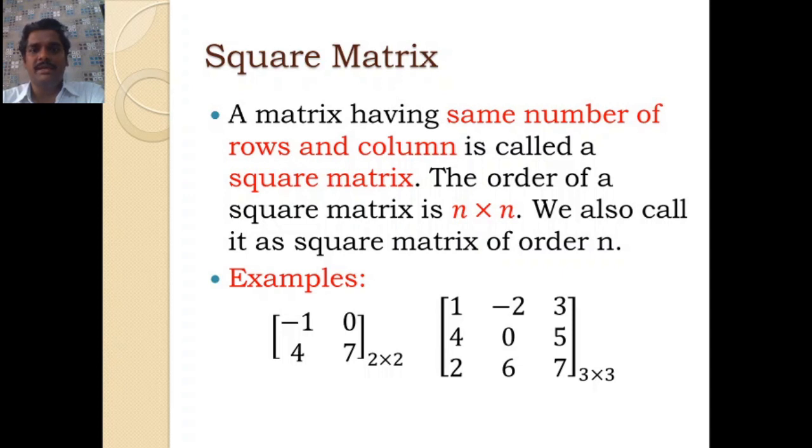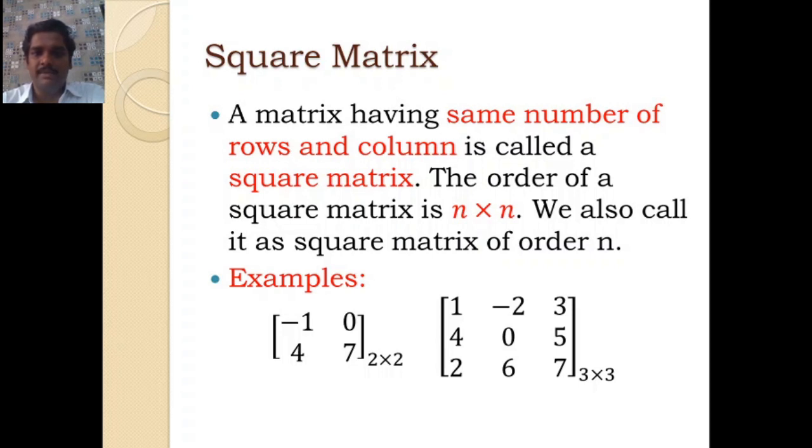To get a square matrix, you should have 2 columns in that, because equal number of rows and columns. So you can have 2 rows with 2 columns, 3 rows with 3 columns, 4 rows with 4 columns. So such matrix will have order n by n. You can see in the next statement I have written.